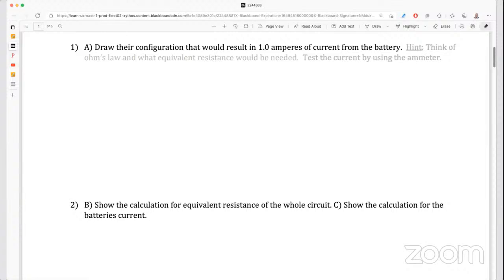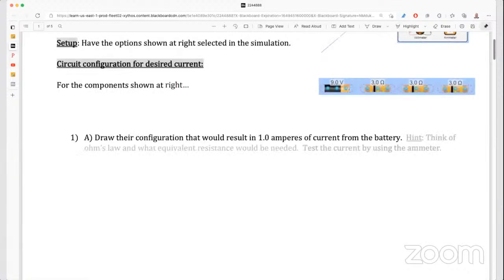Given 3 resistors, each with a value of 3 ohms, and a 9-volt battery, you're asked to figure out how you would wire these resistors to produce 1 ampere of current. The hint is to think of Ohm's law and what equivalent resistance would be needed. So the voltage is 9, the current that is expected is 1. What must the resistance be?